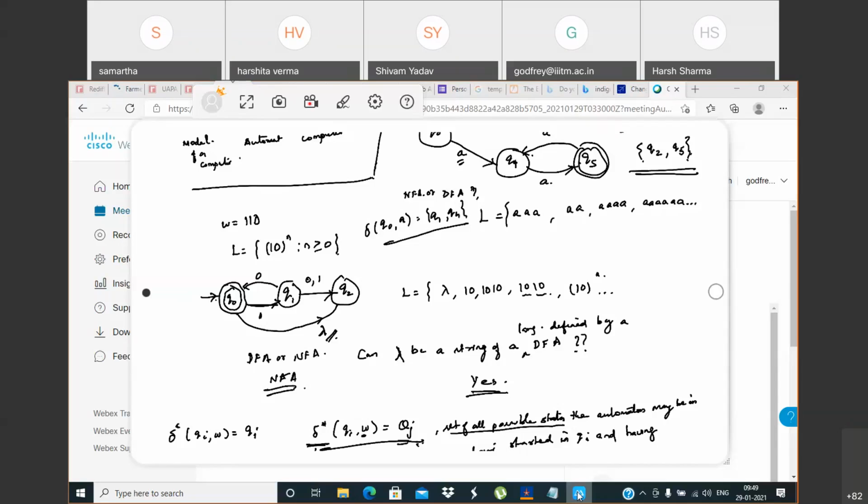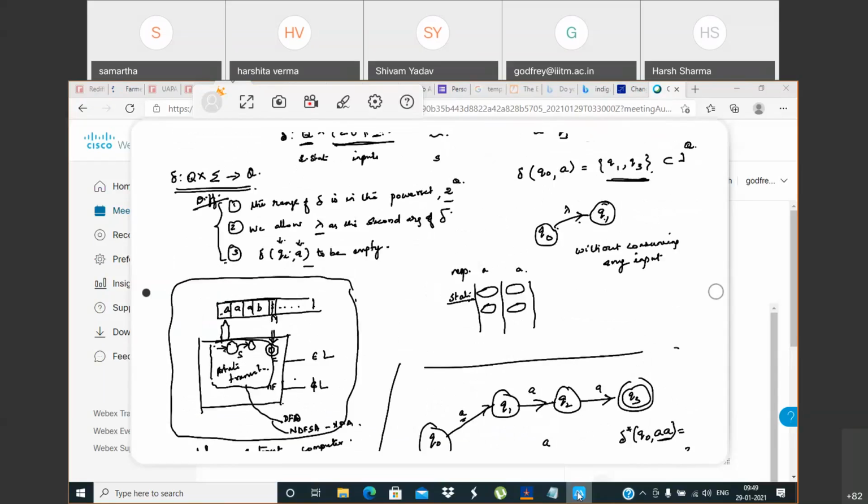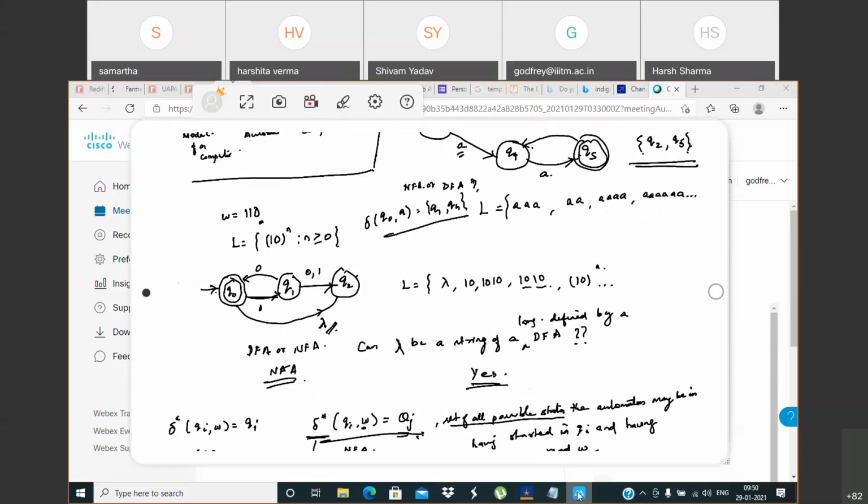Then you don't have any transitions that are defined for another 0, right? With respect to NFA, you may have this kind of non-definition, because according to the definition of NFA, delta Qi comma A can be empty, right? So it means that the transition from Q2 need not be defined for all inputs, right? But with respect to a DFA, for every state we define the transition for every input, right? So from Q2, we have not defined any transition. So it is an undefined transition.